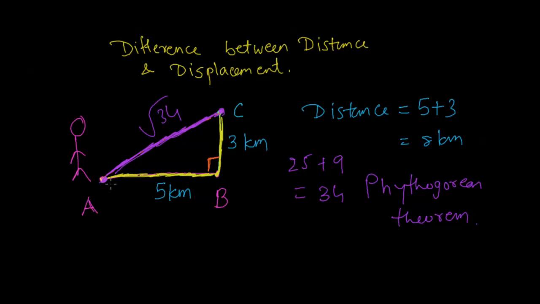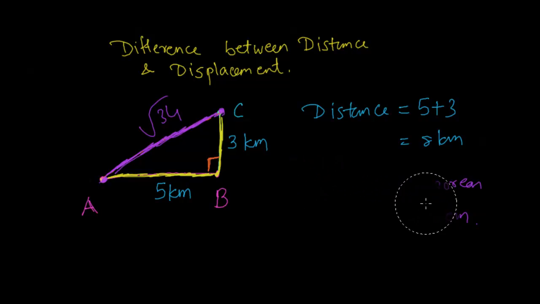So if I take some other path, let me erase certain things. Now, instead of going from this path, you decide to choose this path.